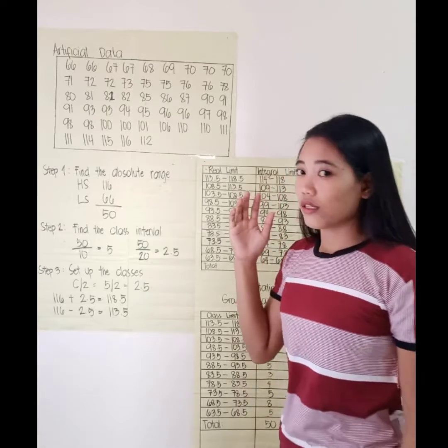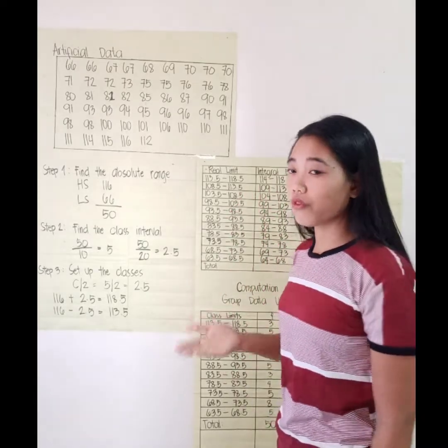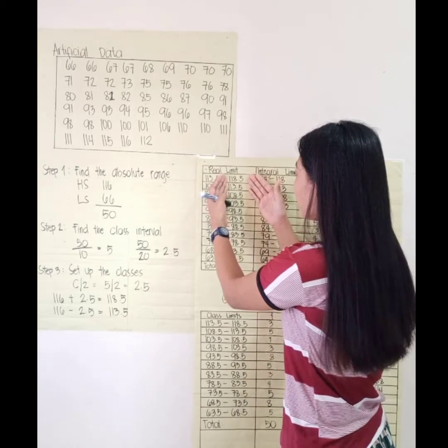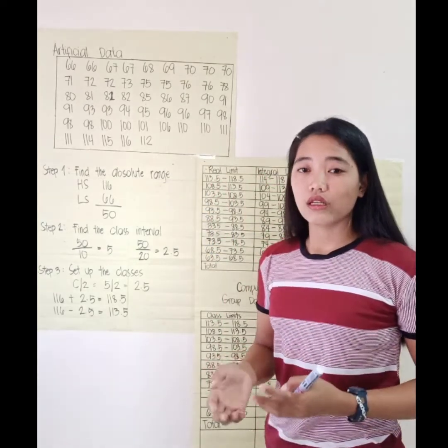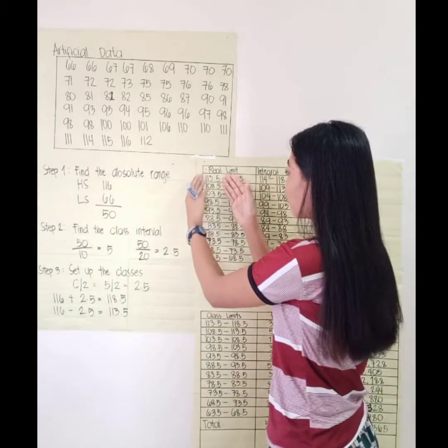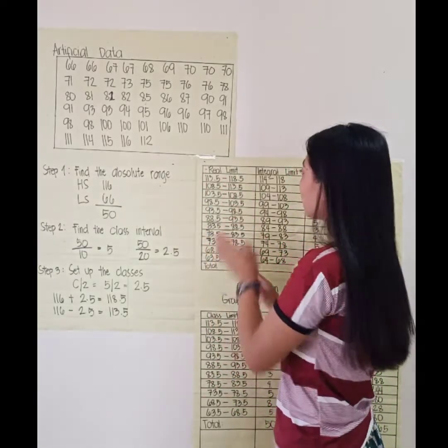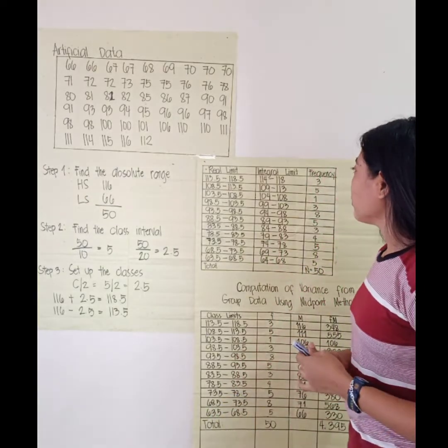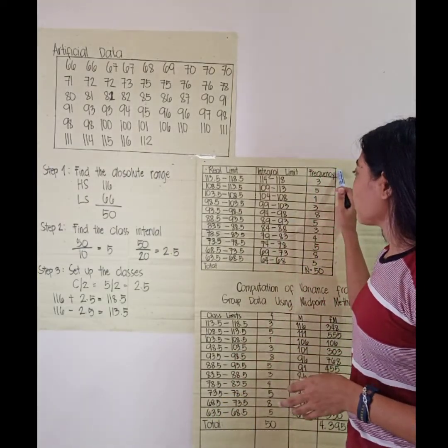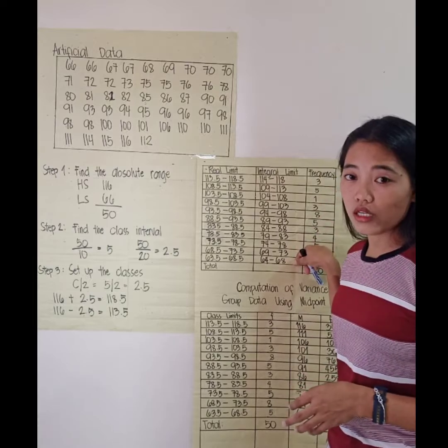Just subtract 0.5 from the higher real limit and add 0.5 to the lower real limit to get the integral limit. Now, we will go to distributing the frequency.